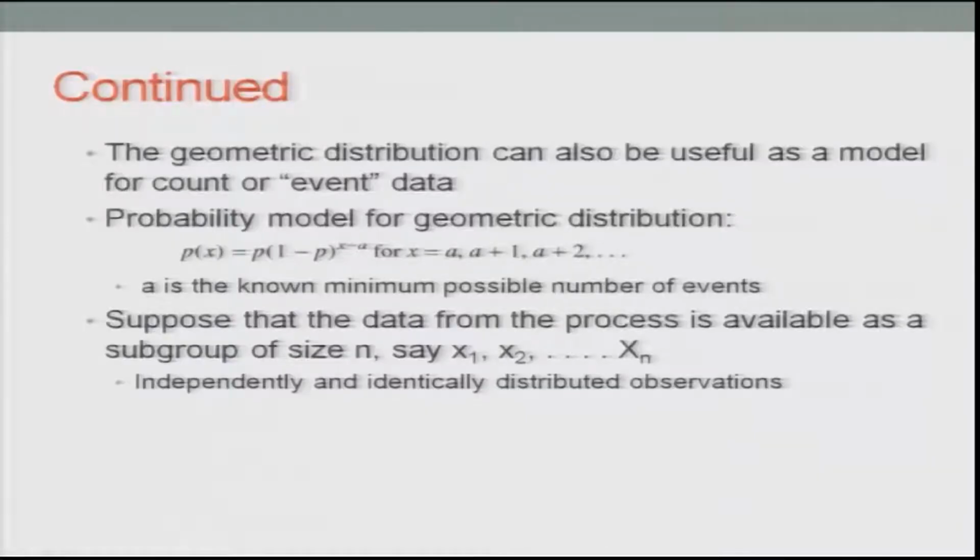To continue, geometric distributions can also be used as a model for count or event data, that is, how many times something is occurring. Say, for example, going back to the same example, which may not be the very best example for this discussion, let us consider this.